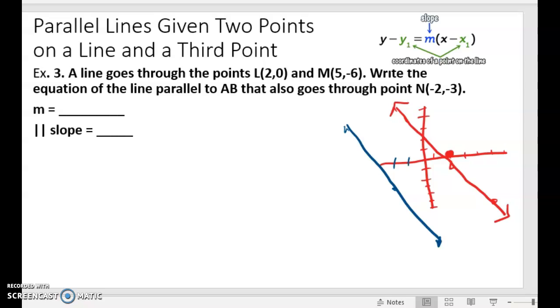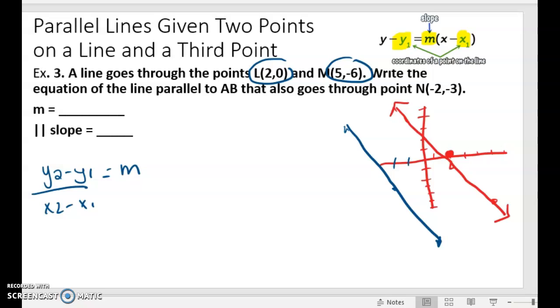So the first thing you have to do when you're given 2 points is find the slope. Well, we talked about the slope in an earlier video. y2 minus y1 over x2 minus x1 equals m. Again, I only need 3 things when I'm plugging in and solving: y1, m, and x1.